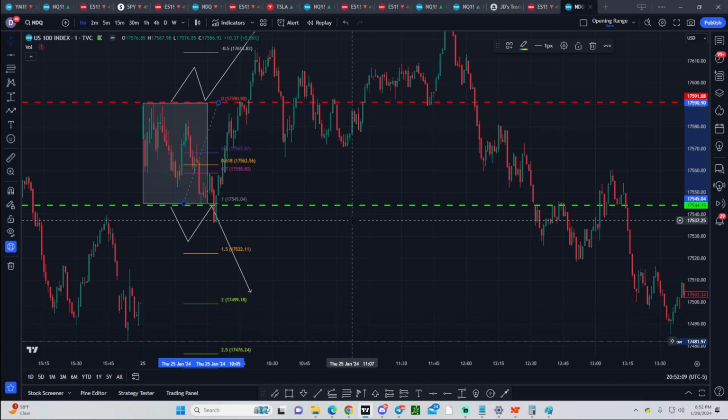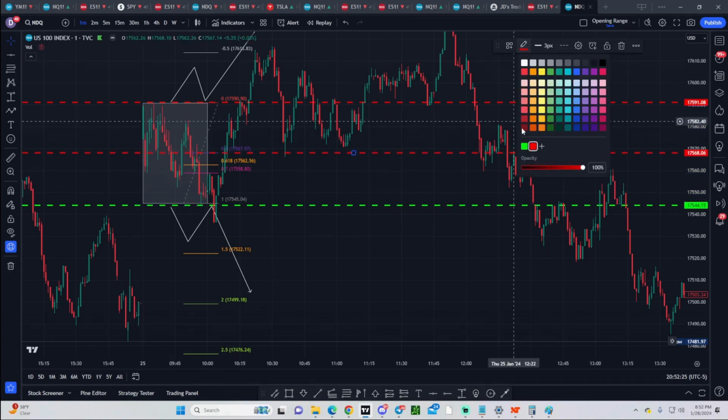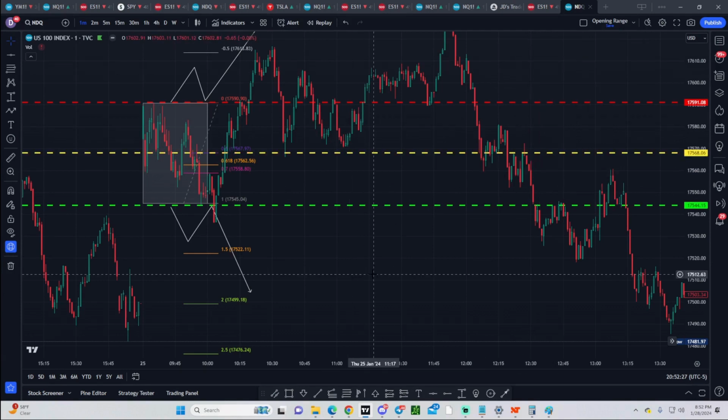This is the same concept you would use with the aggressive entry, which is the midpoint of the first 5 minutes. I still draw the midpoint for the first 30 minutes. So we're going to draw that in here, and I'm just going to make it yellow. So that's the midpoint.